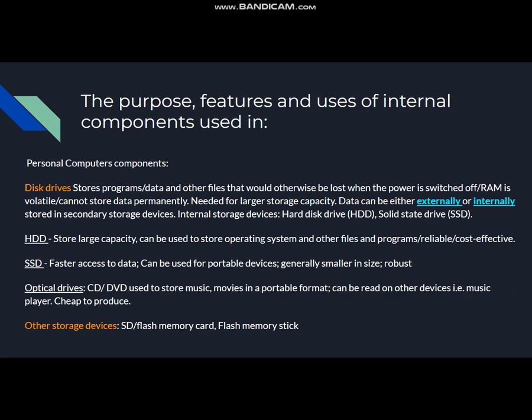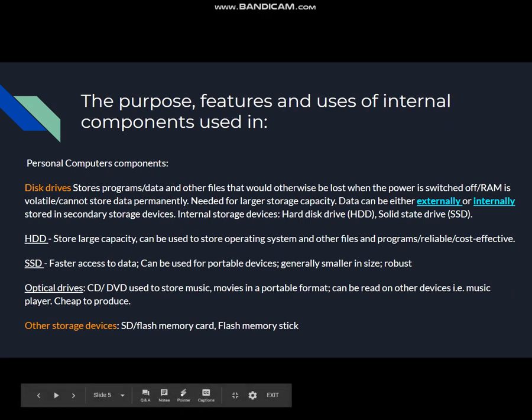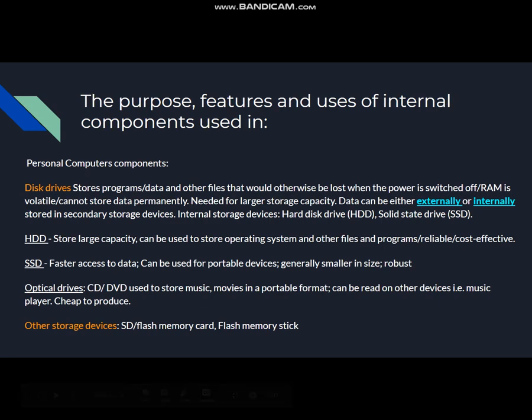Right, other components are the disk drives in themselves. So we can have what we know as a hard disk drive, and this stores large amounts of data on the computer, and they are fairly robust and cheap to buy in comparison to how much you are able to store, and very reliable. And we also have another form of storage that we can have as an alternative to a hard disk drive, and that's the solid state drive, abbreviated SSD.